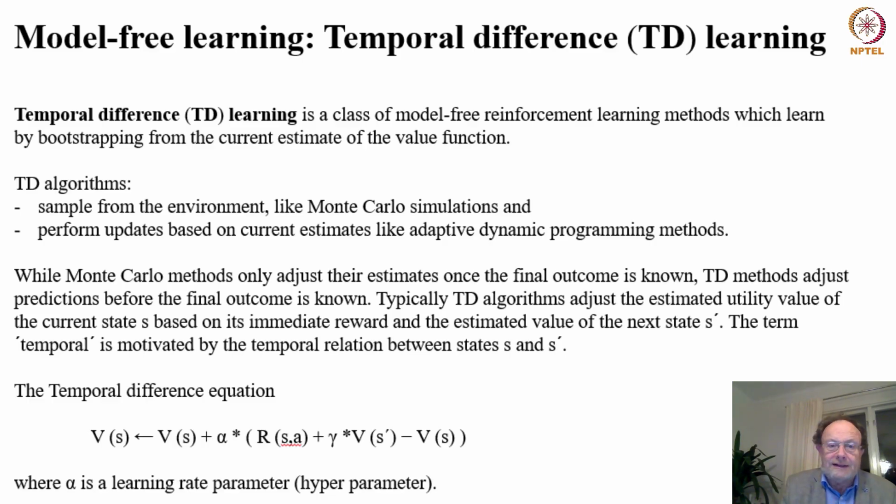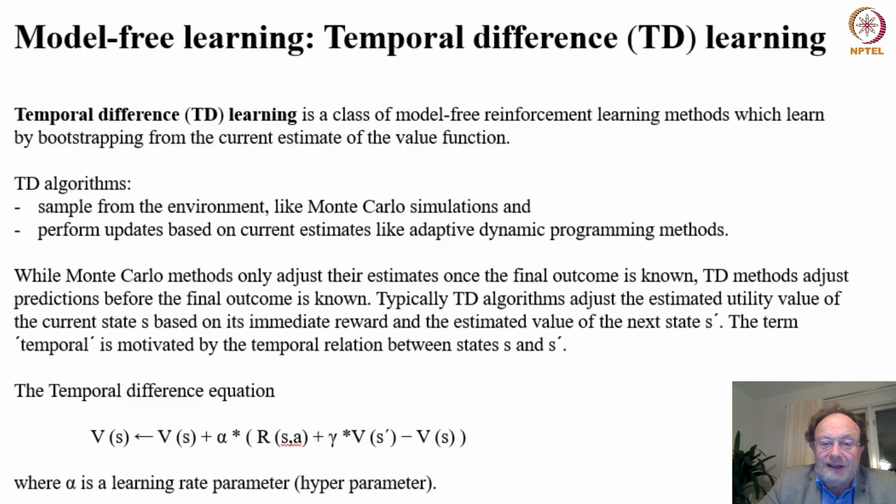It adjusts the estimated utility value of the current state based on its immediate reward and the estimated value of the next state. So in principle, it updates based on the relation to the next neighbor. I assume the word temporal is motivated by the fact that there's normally a temporal relation when you move from one state to another.